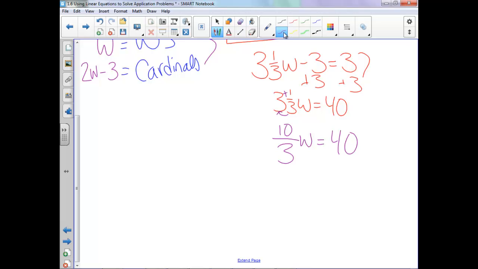And now we can divide by this 10/3. But remember, dividing by a fraction is the same as multiplying by its reciprocal. And notice we can divide 40 and 10 both by 10.